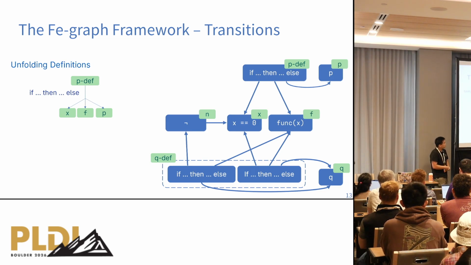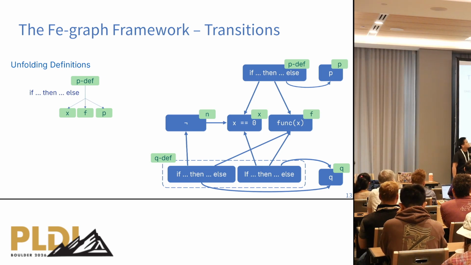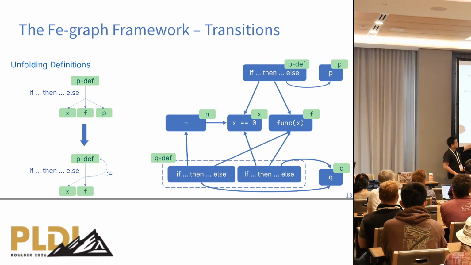Another way to generate transition systems is by unfolding definitions. In here, for example, we notice that P is a variable E-class in the sense that it contains a variable P. We can unfold it into its definition, which is the P-def E-class. However, we mark this with a little colon-equal sign to indicate that this is lifted by unfolding a definition.